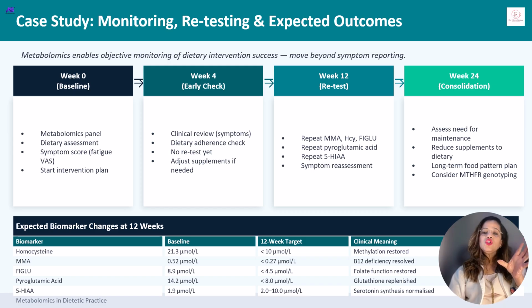Now, if Sarah shows no response at 12 weeks despite adherence, what will you do? You will also consider the MTHFR homozygous polymorphism, which needs higher methyl folate doses. Pernicious anemia, intrinsic factor deficiency: B12 absorption gets impaired. Here, IM injections are needed.